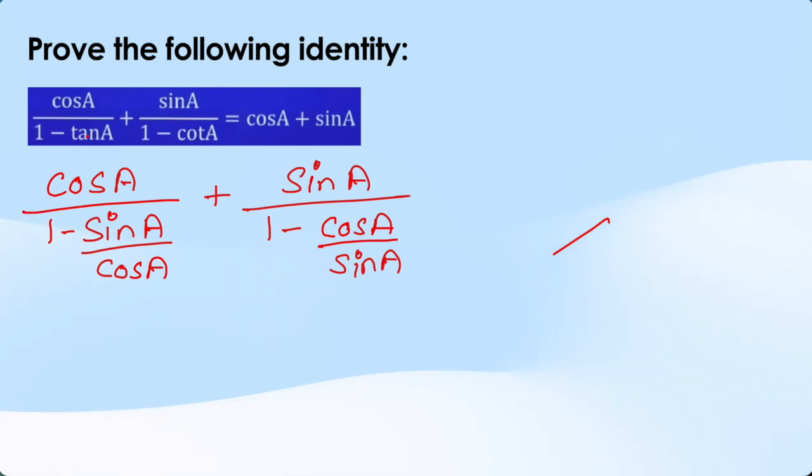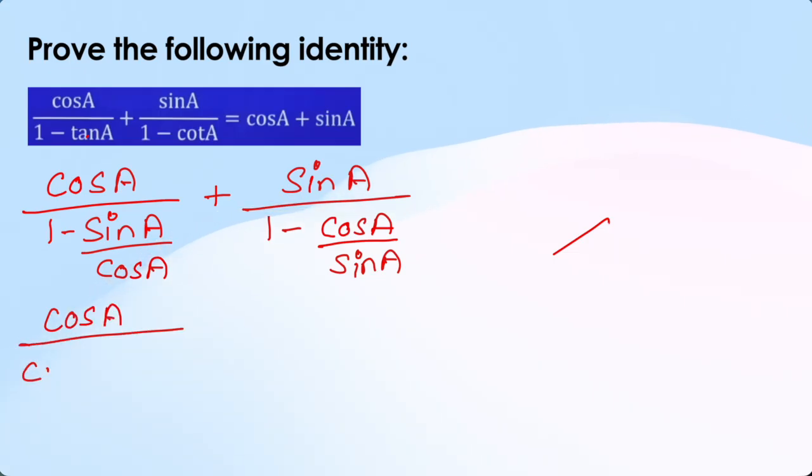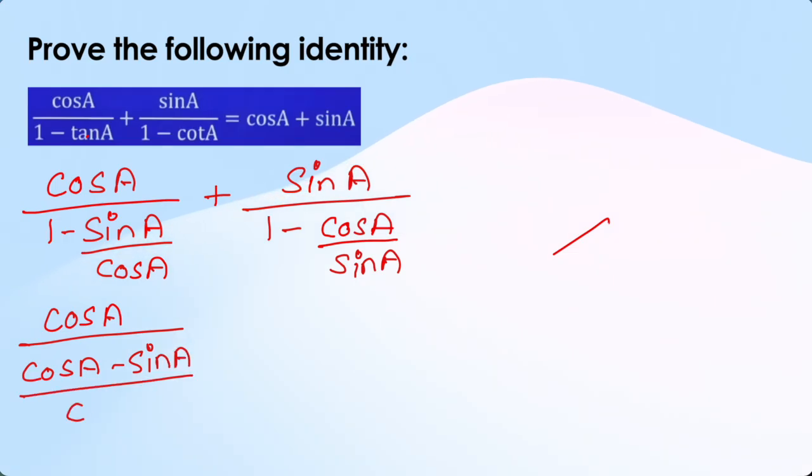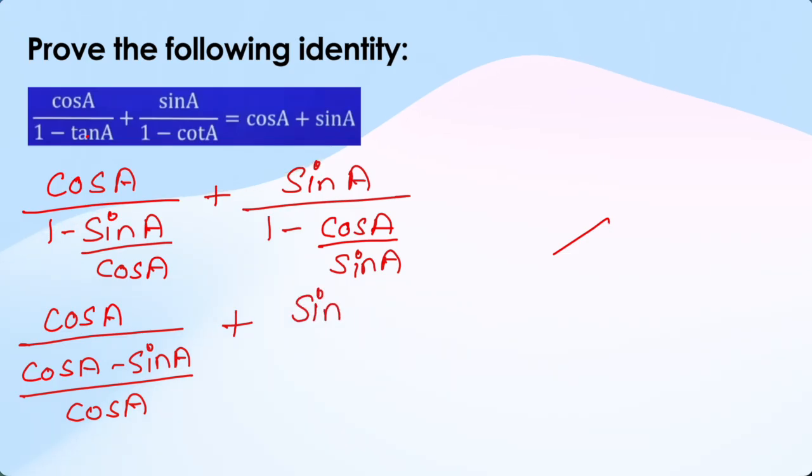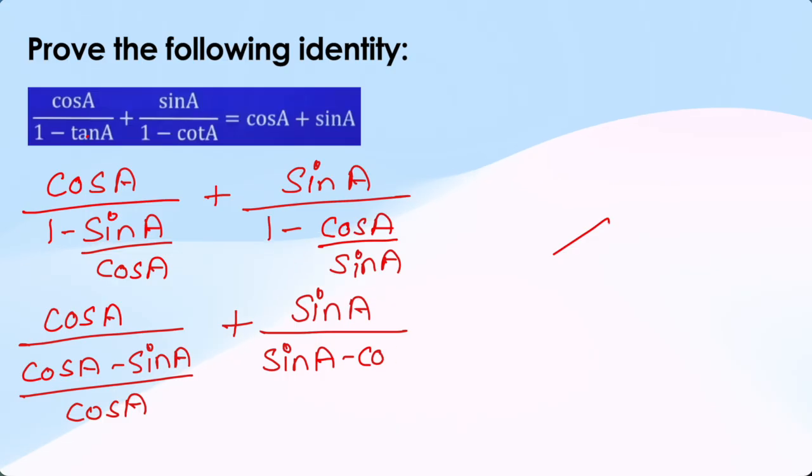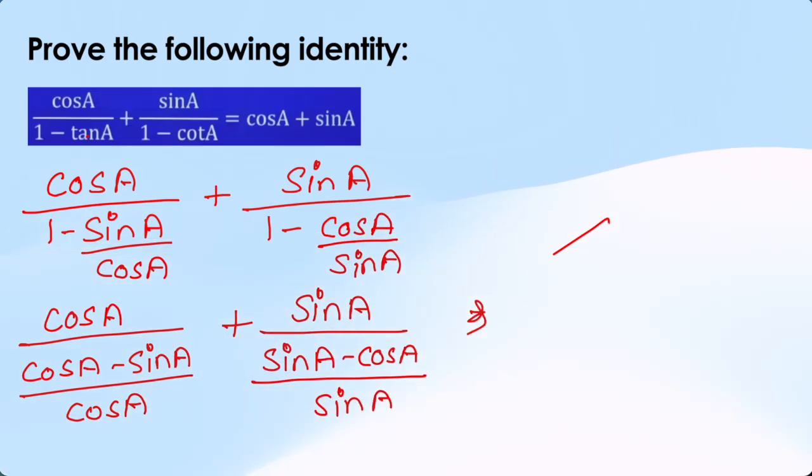If I solve the denominator part, what will be there? The denominator will be cos A and this cos A minus sine A, I am taking the LCM, right? So cos A by, it will become cos A minus sine A by cos A. Alright. Similarly, sine A by sine A minus cos A by sine A. Now denominator of denominator, right?